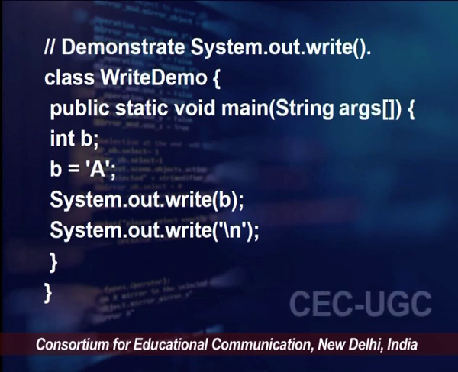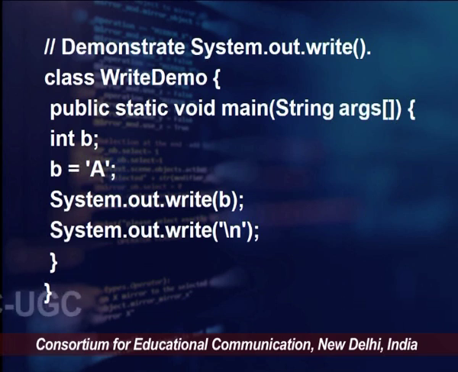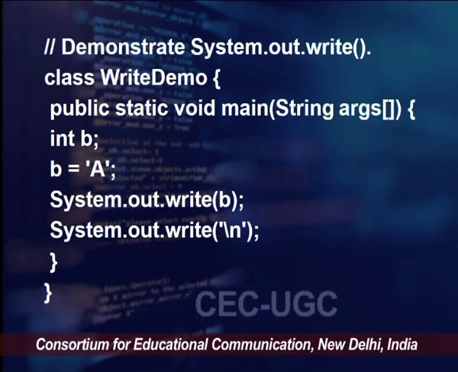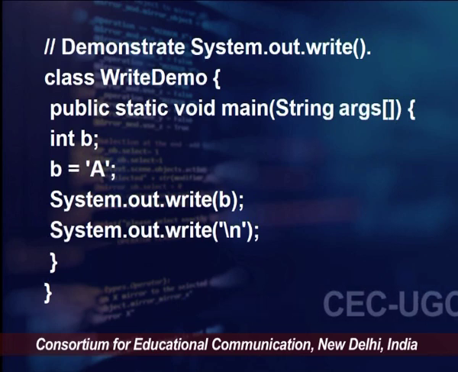Notice a couple of things here. We have not used throws IOException, because write is as straightforward as print. We have used System.out.print and System.out.println so many times, but we have not used throws IOException, because these methods are not susceptible to throwing exceptions, so we need not take care of them here.